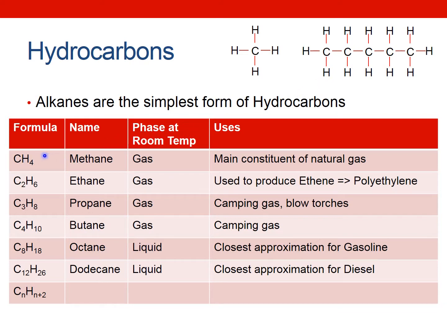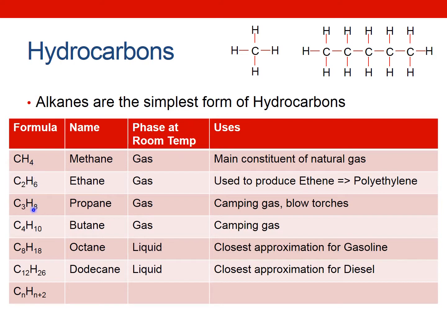The simplest hydrocarbon that can occur is methane, which is one carbon with 4 hydrogens. This is a gas at room temperature because it has a very low boiling point, and it's the main constituent of natural gas.